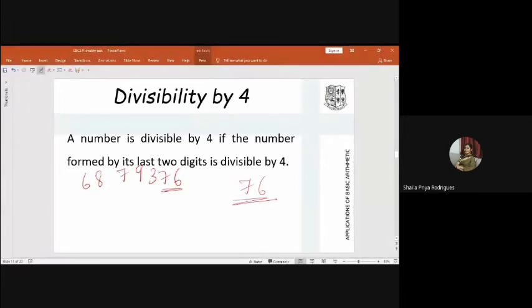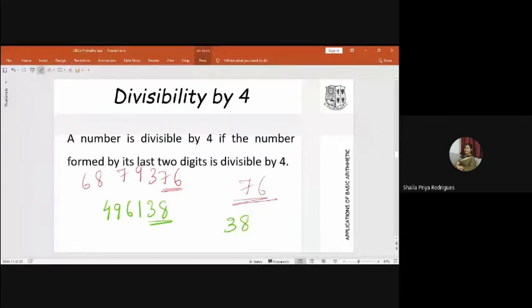You can take down these examples. 496138. Go for the last two digits as a number. Check if 38 is divisible by 4. Since 38 is not divisible by 4, the whole number is not divisible by 4. Check by usual division as well.